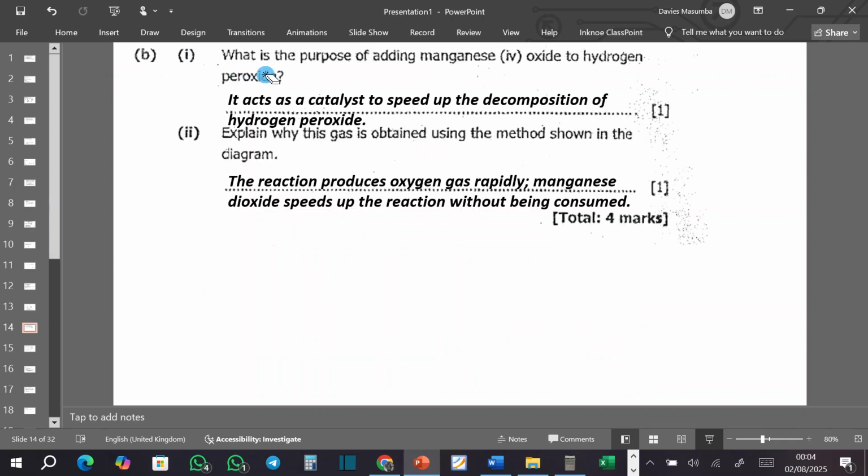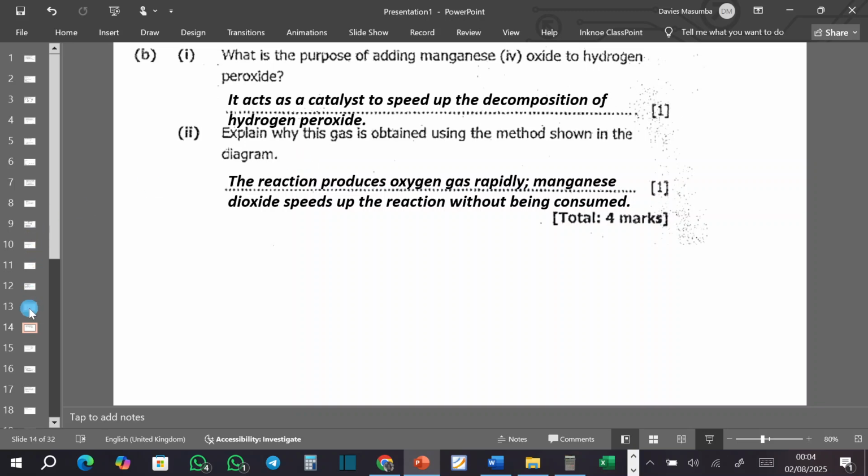B says, what is the purpose of adding manganese oxide to hydrogen peroxide? So the answer is that it acts as a catalyst to speed up the decomposition of hydrogen peroxide to water and oxygen. In Roman numeral 2, explain why this gas is obtained using the method shown in the diagram.